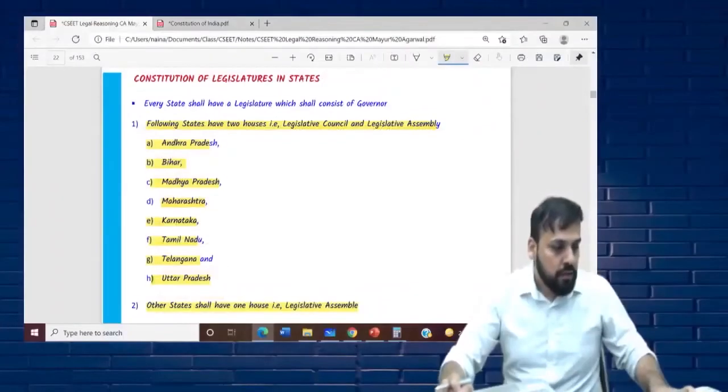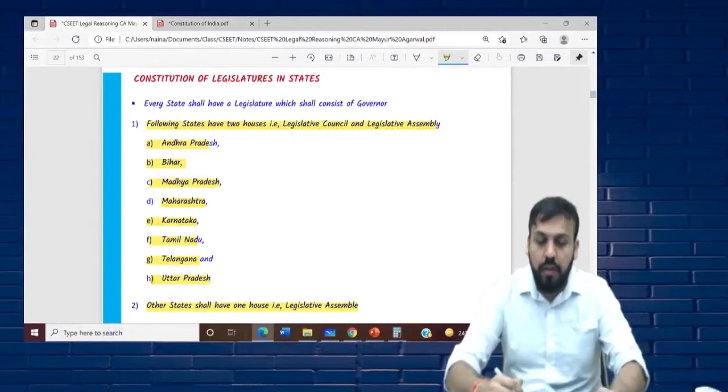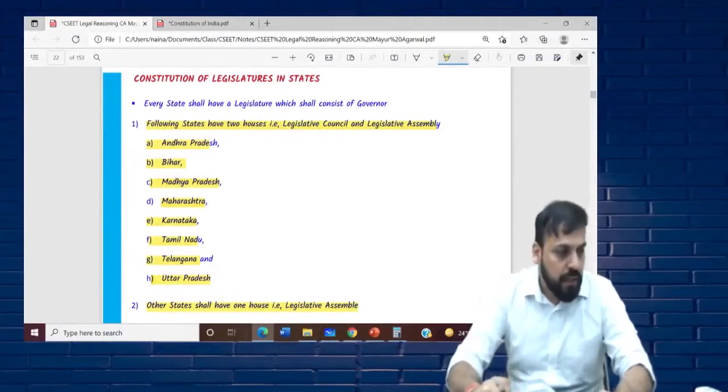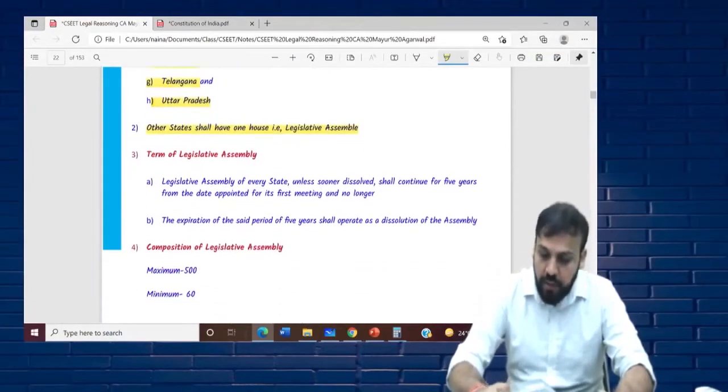Again repeating: these states have both council and assembly, but other states have only a legislative assembly.